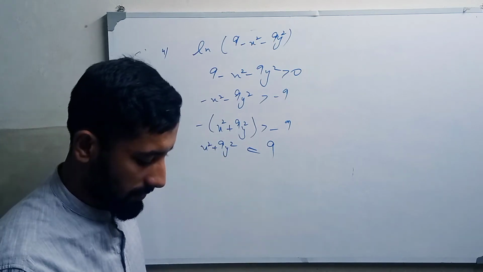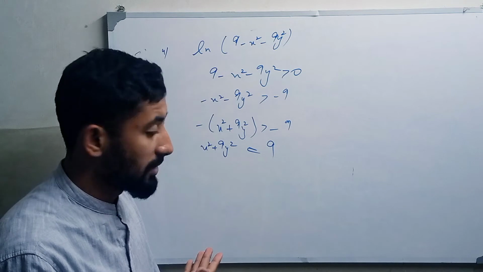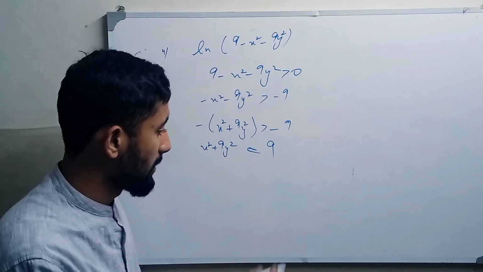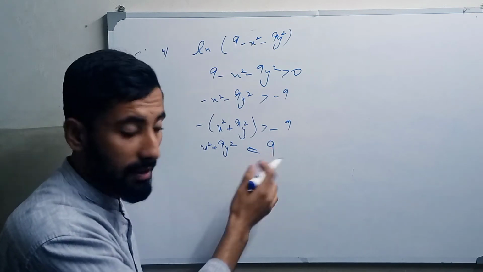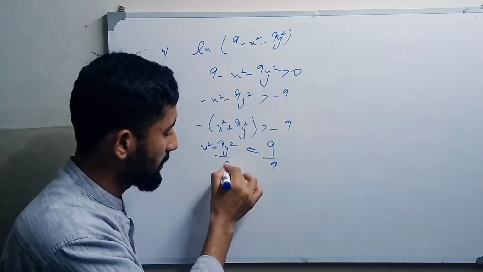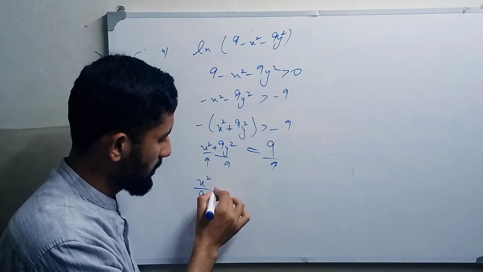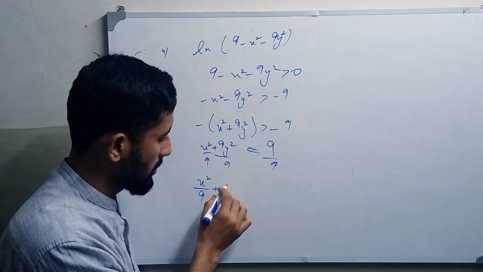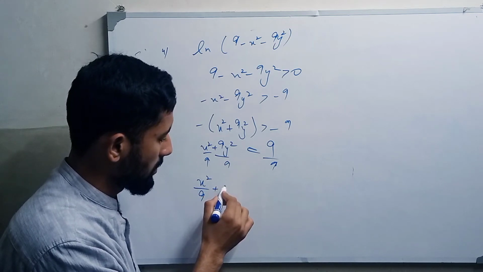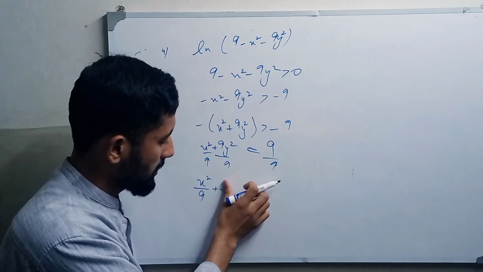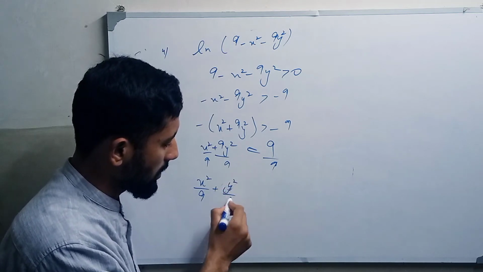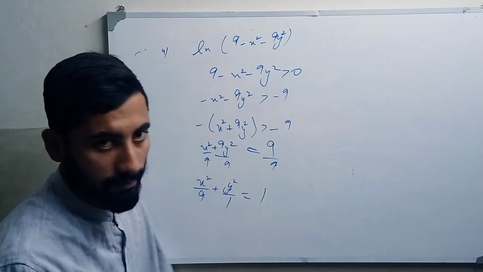Look at that. This is becoming an ellipse. If we make one here, x square over 9 plus y square over 1, and here is also 1.